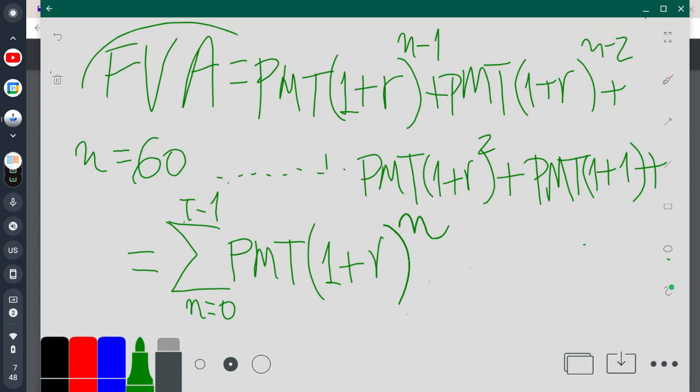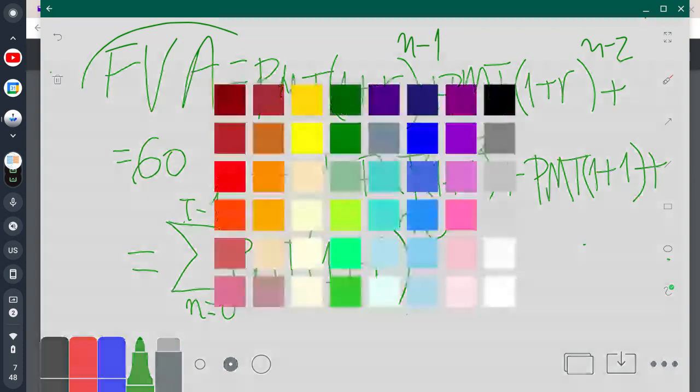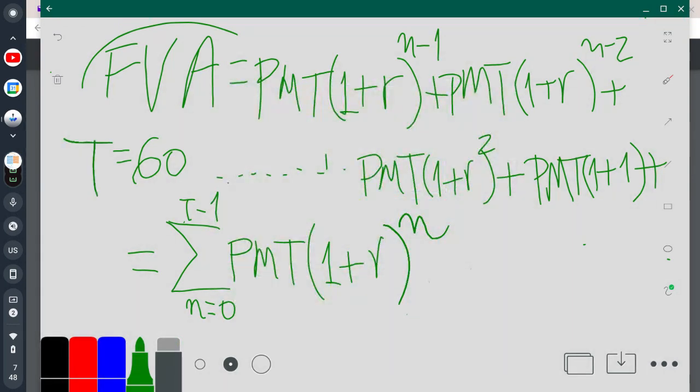This captures everything, right? When n is 0, it's going to be just the payment. When n is 1, it's going to be payment times 1 plus r. When n is 2, payment times 1 plus r squared. And all the way, if t is 60, it goes all the way to 59.